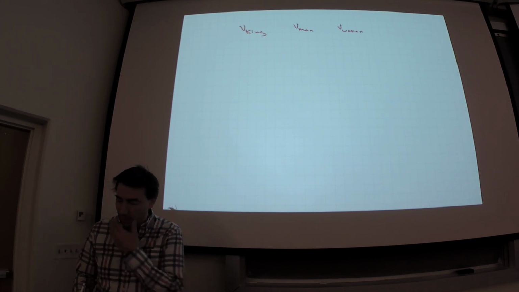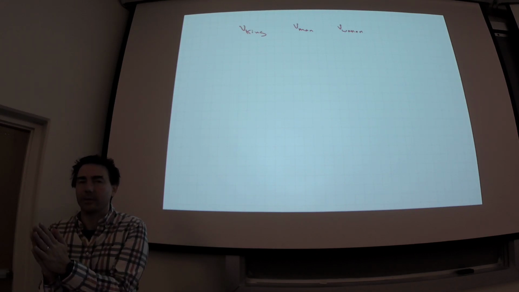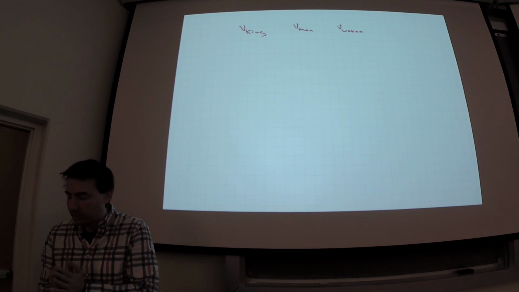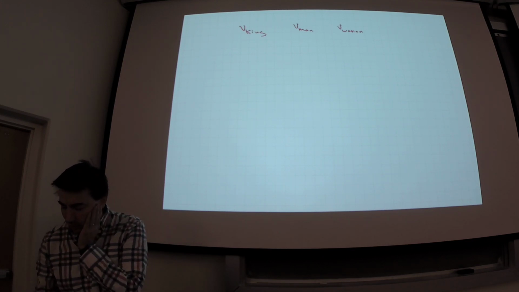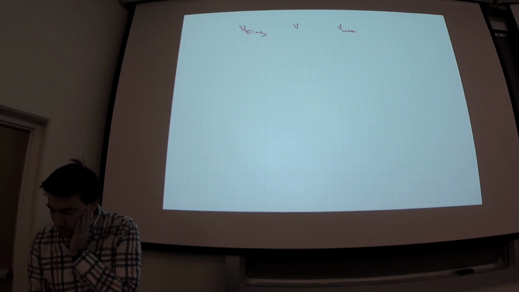All right, so if you take these vectors, now they're vectors in some space, and I can do operations on them. Let me actually move these around.